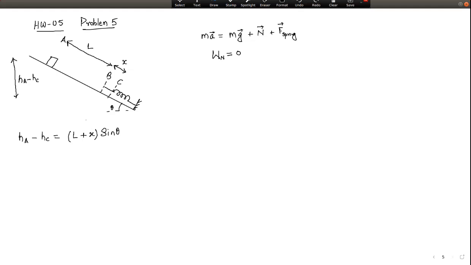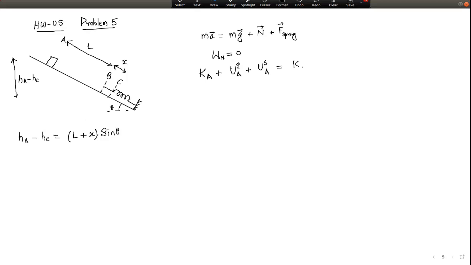That allows us to write the kinetic energy at point A of this mass plus the potential energy due to gravity at point A plus the potential energy in the spring at point A is equal to kinetic energy at point C.